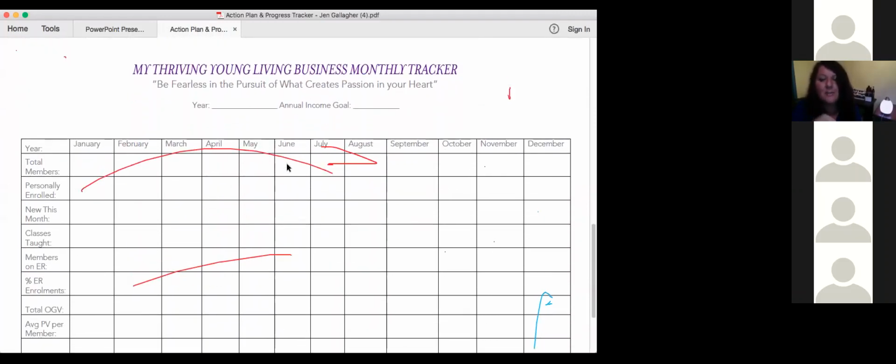As I mentioned, with the monthly tracker, you will also be able to see month after month where you're going and what you're doing, and it will tell you very quickly where you are in your business. And you will be so grateful that if you start this today, you will look back on this in years to come and see.